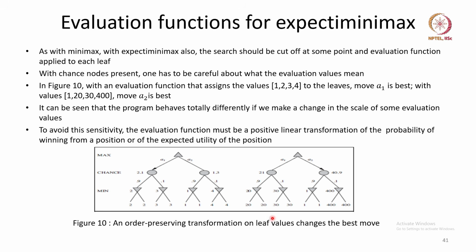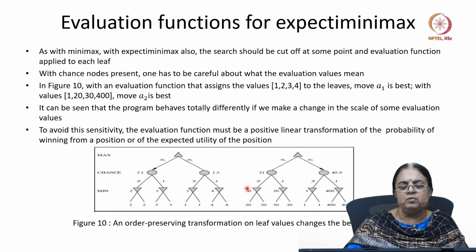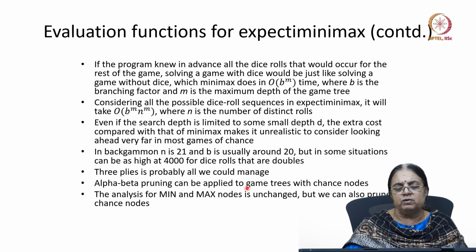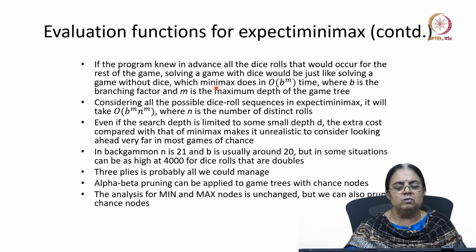What minimax does in the order of b to the m, here expectiminimax will do in the order of b to the m times n to the m, where n is the number of distinct rolls that you have. So you won't be able to go to the same depth as you went with minimax.